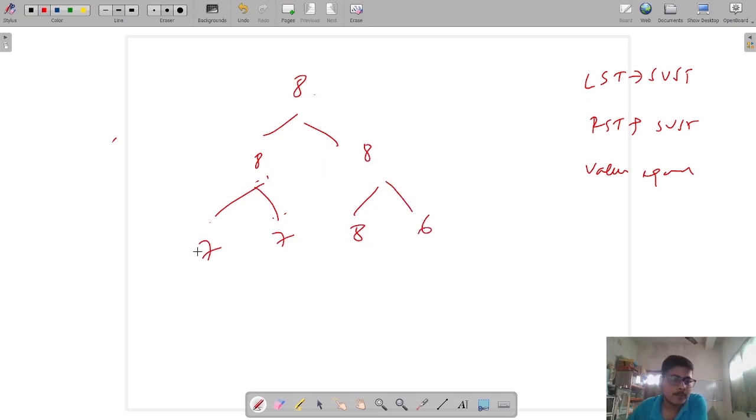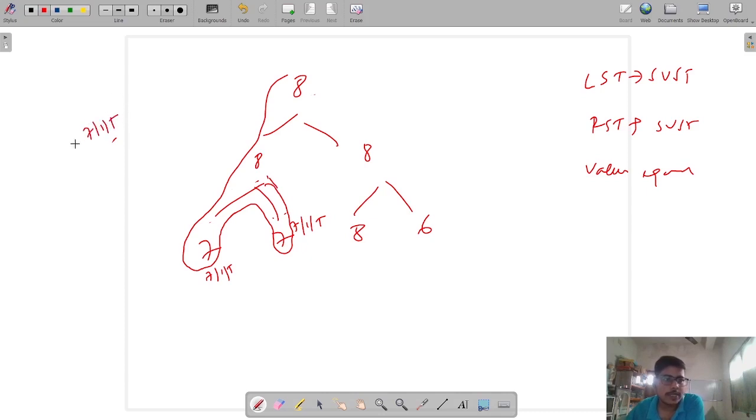It will traverse like this. It will return 7, count as 1 and true. Then it will go like this, it will return 7, count as 1 and true. So for this node we got 7, 1, true from left, and from right we got 7, 1, true.